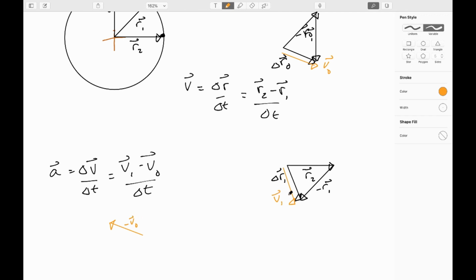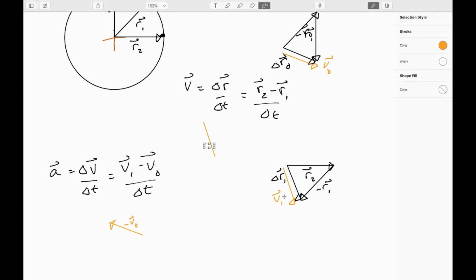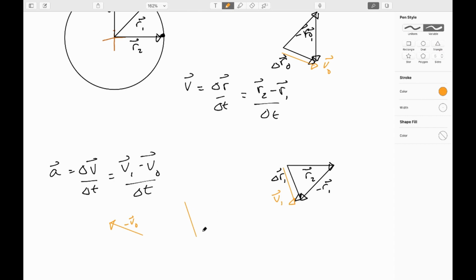And then here, whoops, sorry about that. Here we will try to, I think we're just going to have to grab the line again. There we go, copy paste. So my V1 points down and to the right like that.